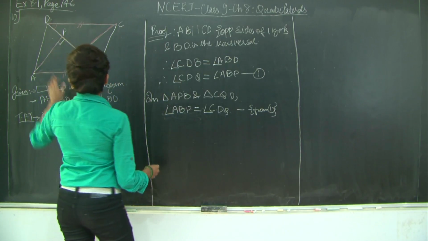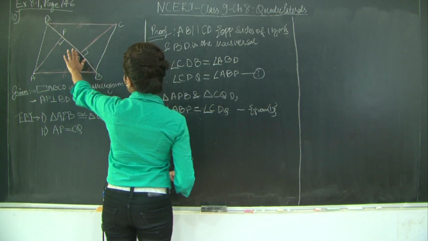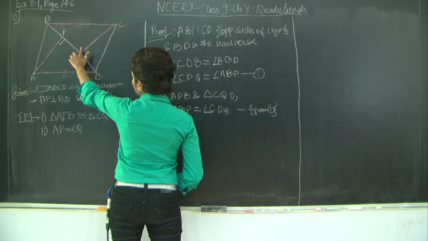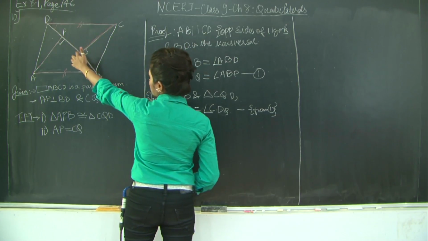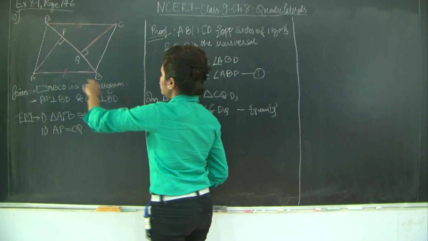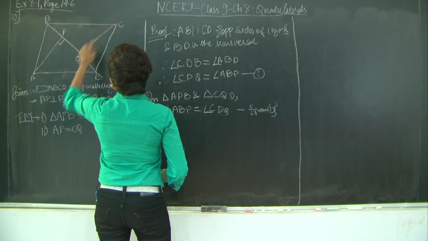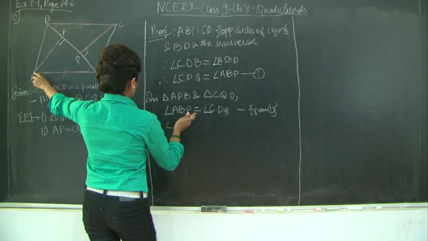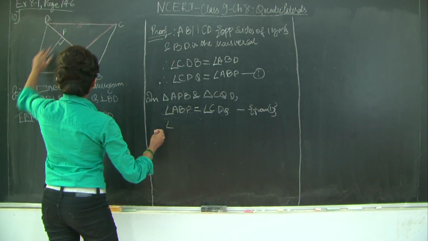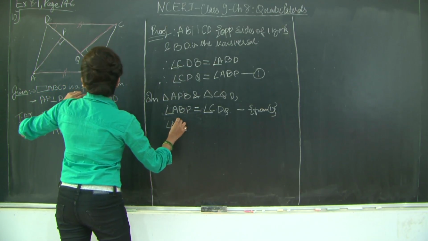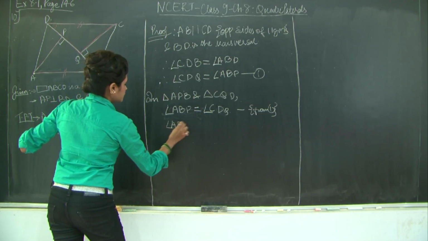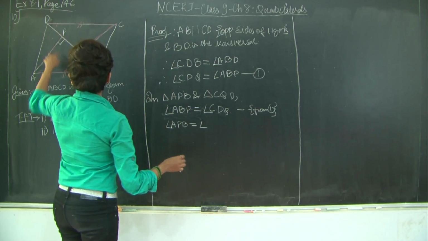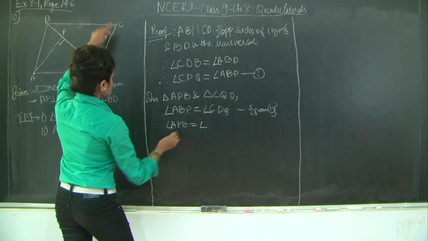Also, we have which angles as right angles. We have this angle as a right angle. So, this angle is also a right angle because CQ is perpendicular to BD. So, going from triangle APB, we will have angle APB is equal to angle DQC.